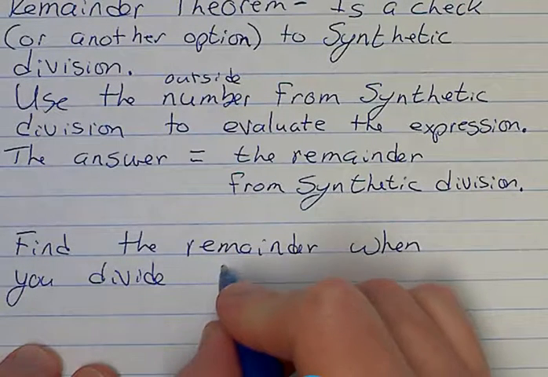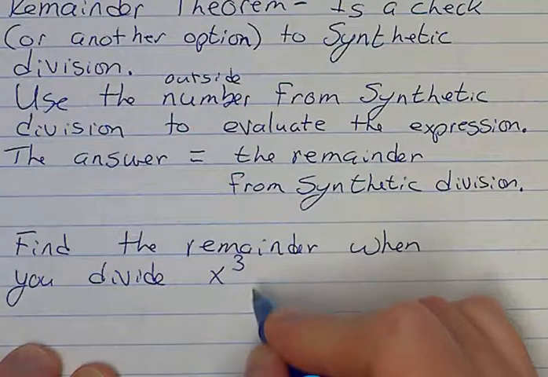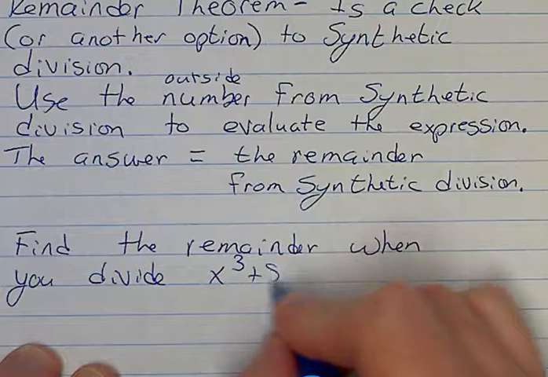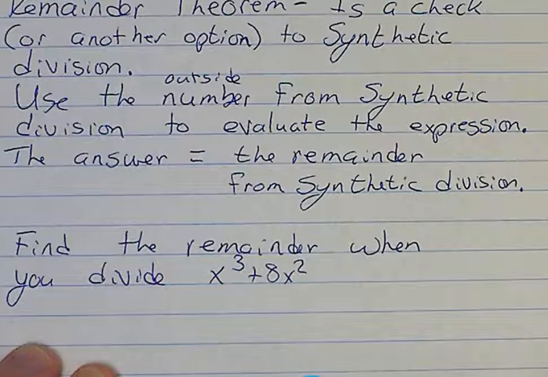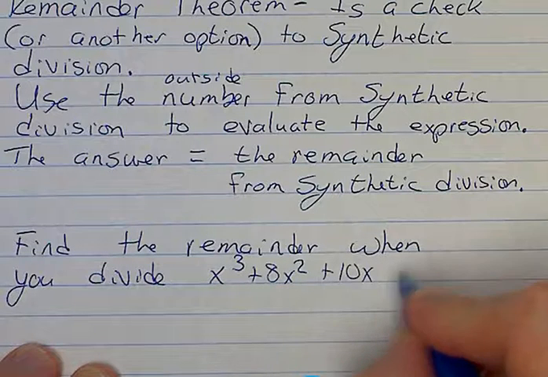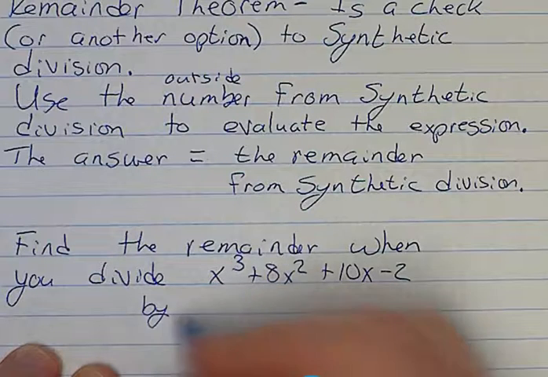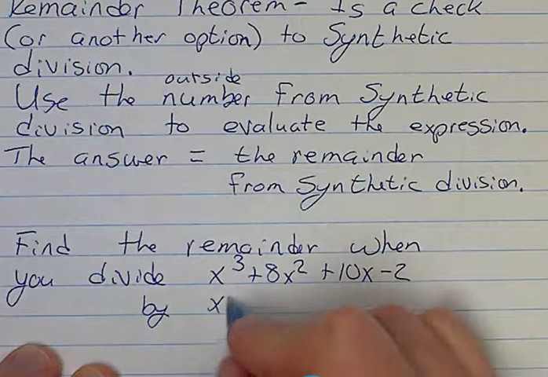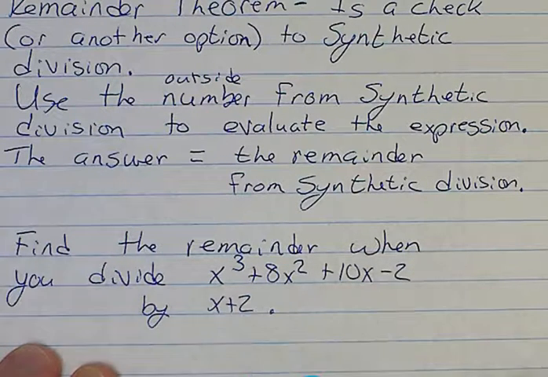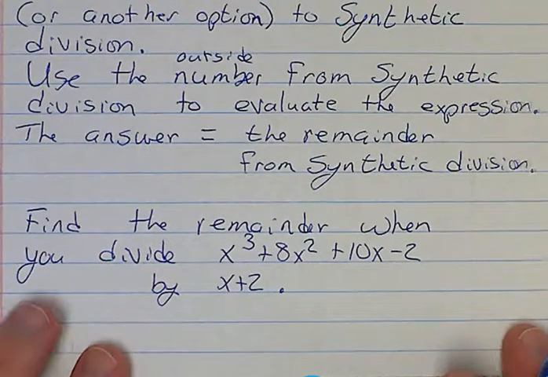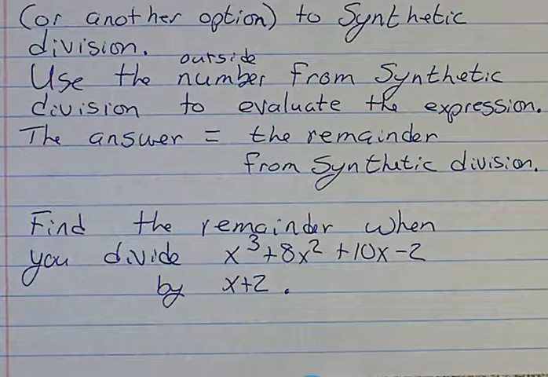Let's go with x to the third plus 8x squared plus 10x minus 2 when you divide it by x plus 2. Again, you can do synthetic division, but in this case they're telling you, go ahead and just find it. You don't have to worry about everything else. We want just the remainder.